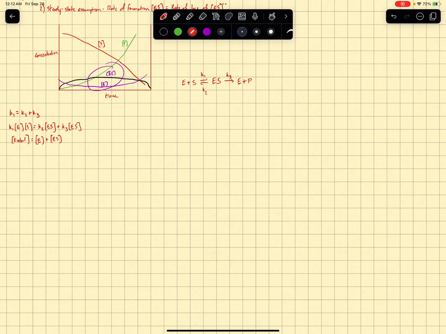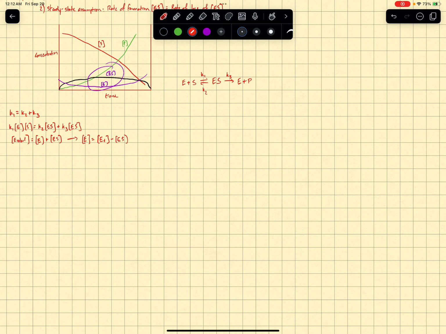If we manipulate that equation a little bit, we can solve for E, because that's what we actually have in this equation. So E is going to be equal to the total enzyme, I'm just going to call it ET, minus ES.